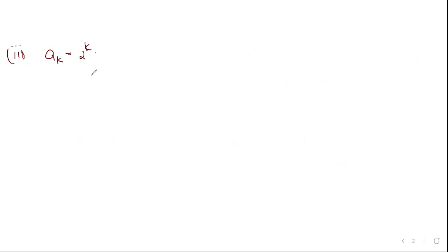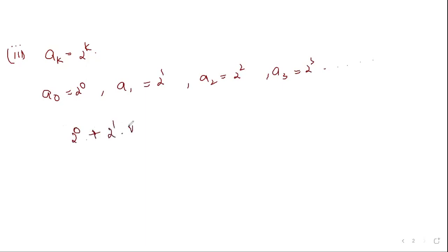So if ak is 2 power k, a0 will be 2 power 0, a1 is 2 power 1, a2 is 2 square, a3 is 2 cube and so on. Now based on this, we will have the notation as 2 power 0 into x power 0, which will be 1 anyway, so I am not writing it, 2 power 1 into x power 1, 2 square into x square, 2 cube into x cube and so on.